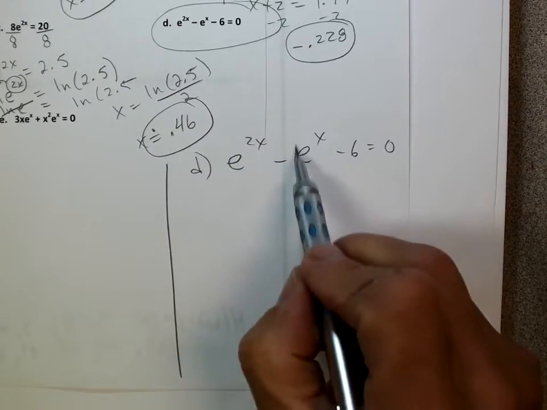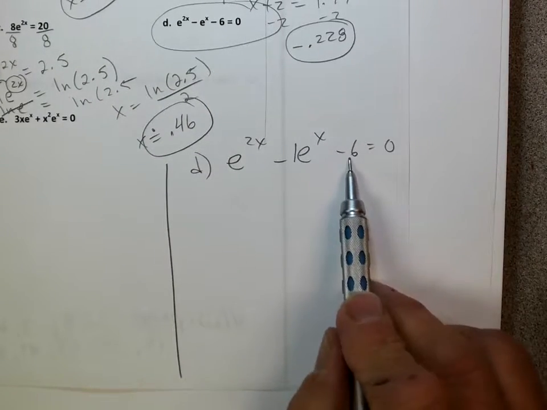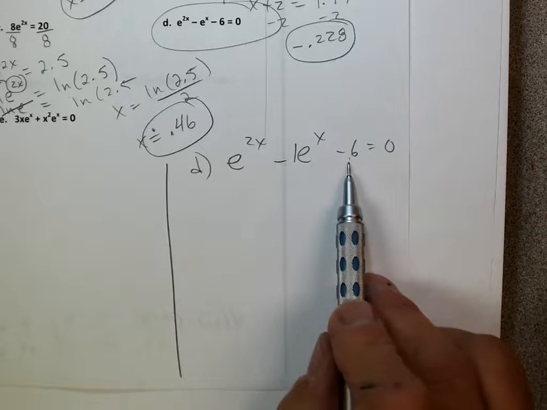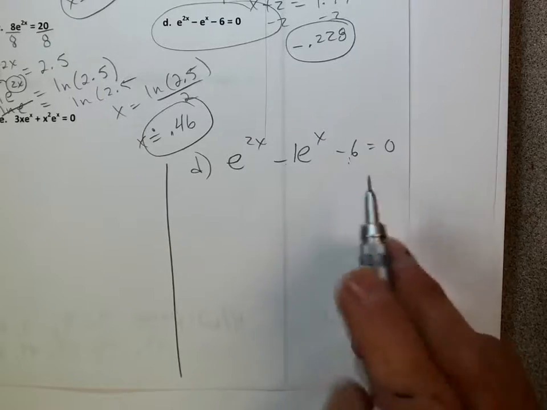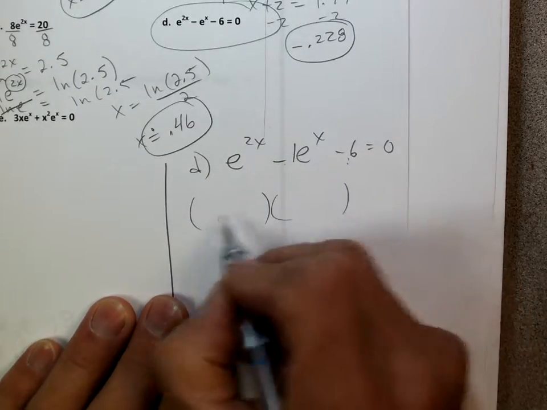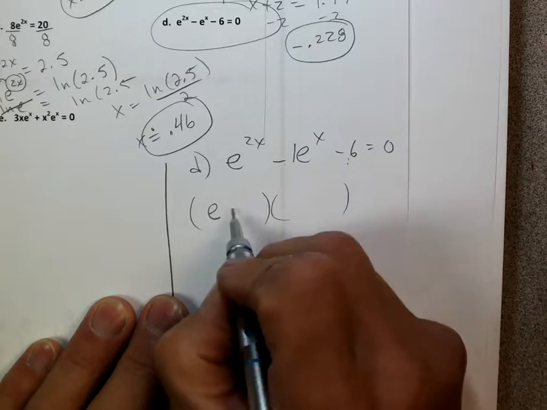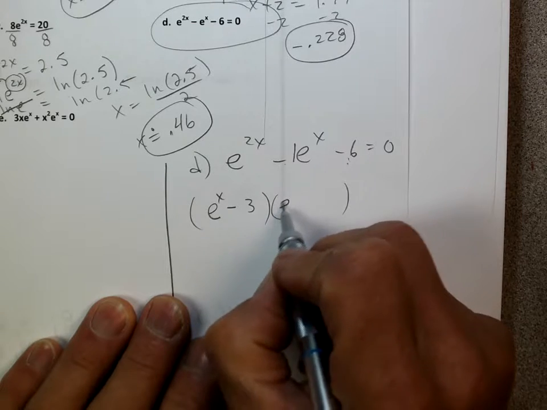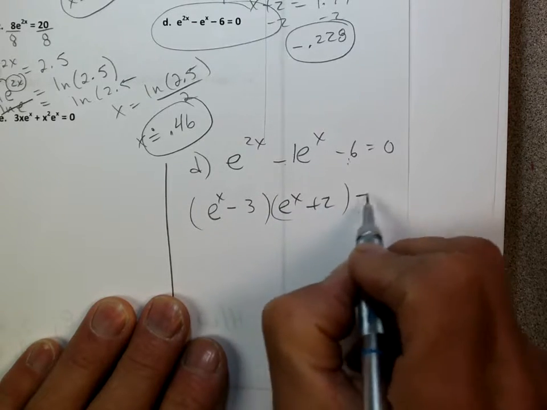So, real quick, what are the multiples of negative 6 that make a negative 1? How about a negative 3, positive 2, okay? So when I factor this, instead of x's, it's going to be e's, okay? I'm going to go e to the x minus 3, e to the x plus 2 equals 0, okay?